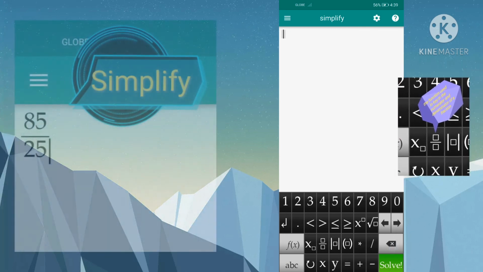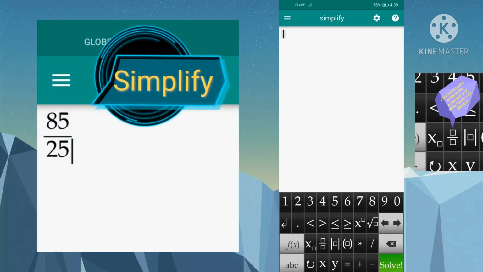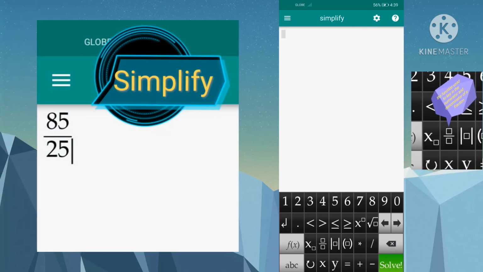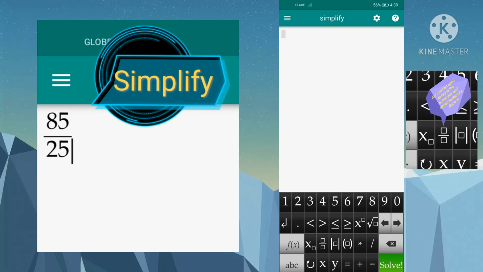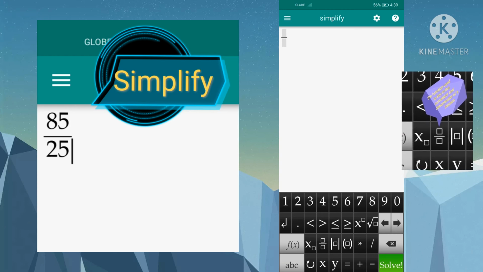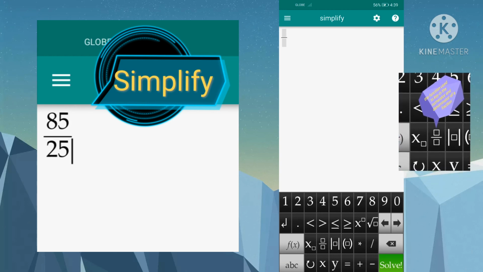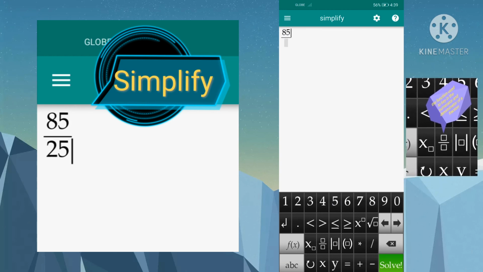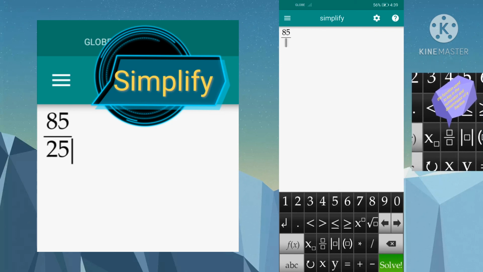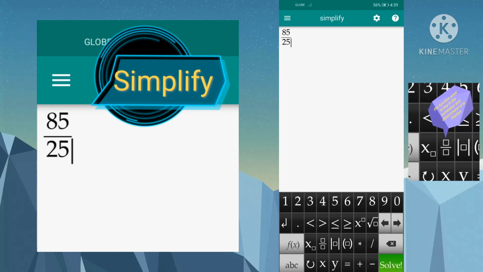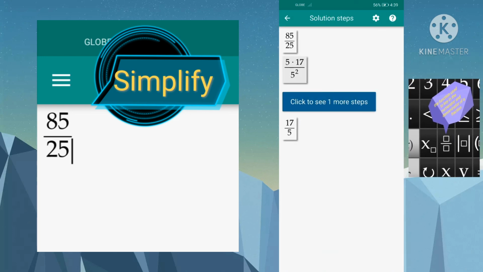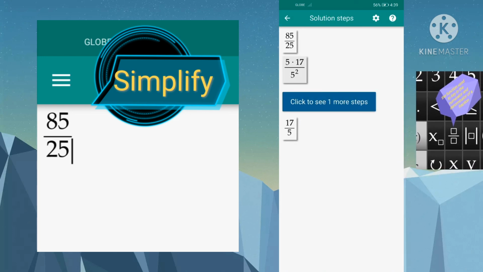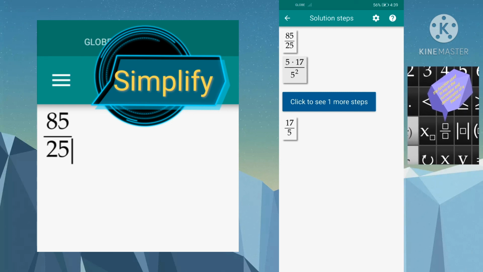Okay, last. So, say you're given 85 over 25. So, select natin yung fraction function natin. Then, key in 85 for the numerator. Key in 25 for the denominator. Then, select solve. Okay, so the answer is simply 17 over 5.